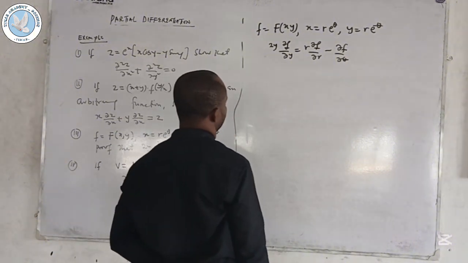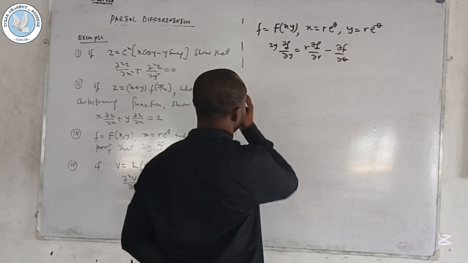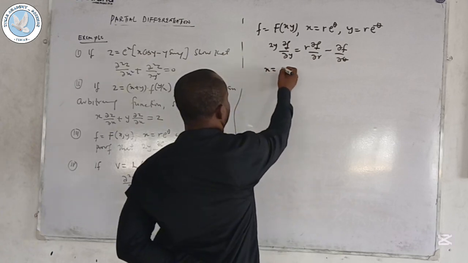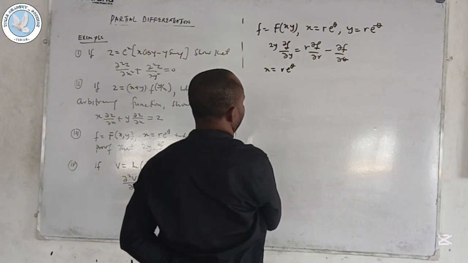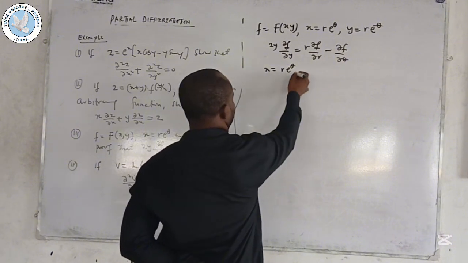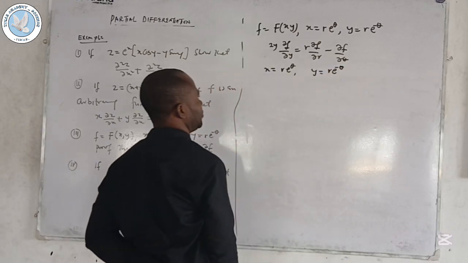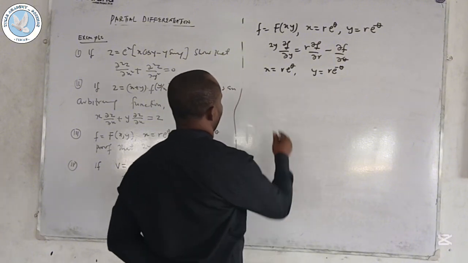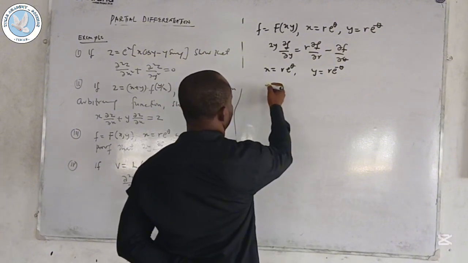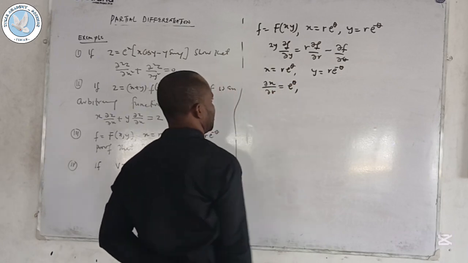At this point, we are saying that x is this and y is this minus. So with respect to r, we are having exponential theta.